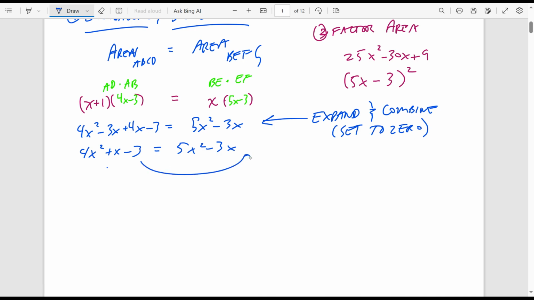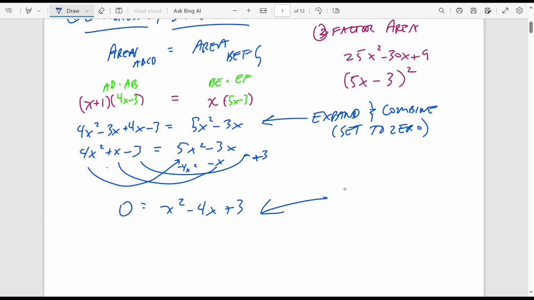And then all these pieces. I'll be subtracting x, adding 3, and subtracting 4x squared, leaving me with x squared minus 4x plus 3. Now, I don't think you'll need the quadratic equation, but at this stage, factor it or quadratic equation it, all over 2a.